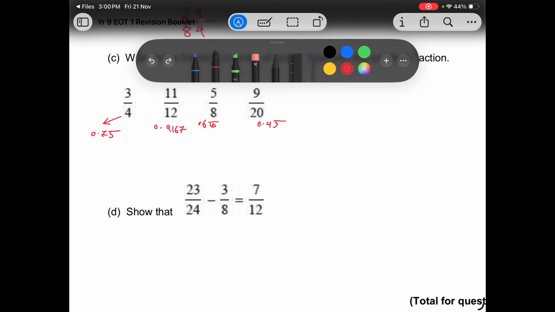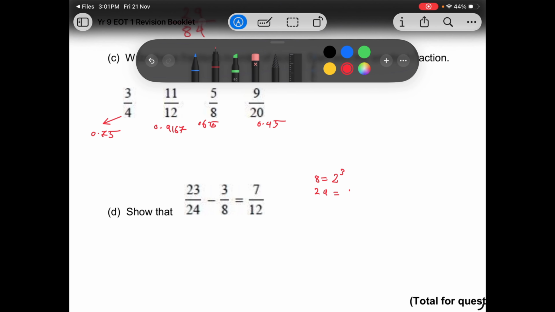So you know, guys, that the prime factorization of 8 equals 2 to the power of 3, and the prime factorization of 24, you know, guys, 24 is 4 times 6, so it's 8 times 3.